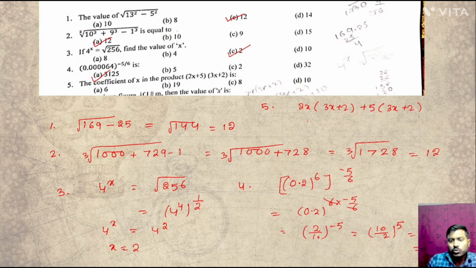Then multiply 2 3s are 6x square plus 3 2s are 6, 2 2s are 4x plus 15x plus 10. Then we add this number, that is 6x square plus 15 plus 4, 19x plus 10. Then the coefficient of x is 19. Okay, the correct answer is option number B. Understand? Next question.